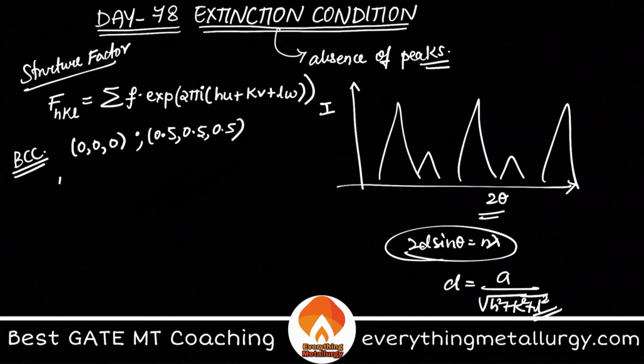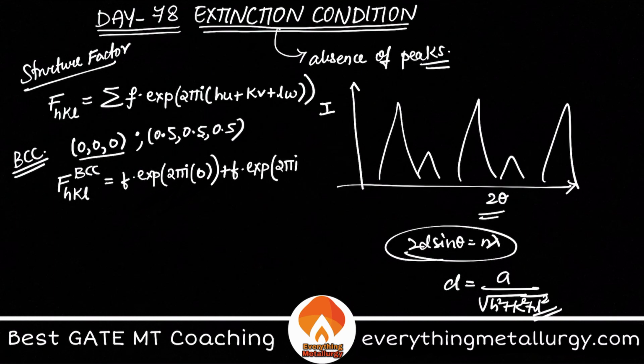Now putting it in, F_hkl for BCC will be the sum over the two atomic positions: f into exp of 2 pi i into 0, since we have 0, 0, 0, plus f into exp of 2 pi i into half into (h plus k plus l).